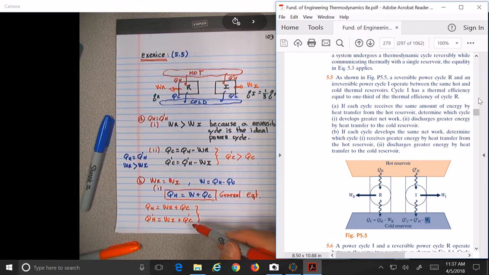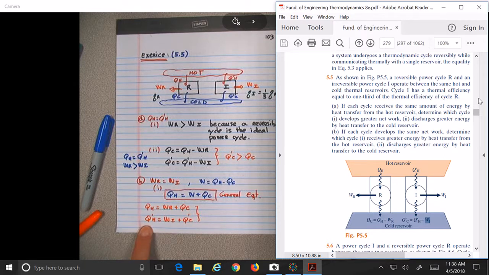So what do we say at the beginning? Which one is higher, Q sub C or Q prime sub C? Which one will be throwing more heat into the cold reservoir? Q prime, no? So that means at the end, which one will be removing more heat from the hot reservoir?